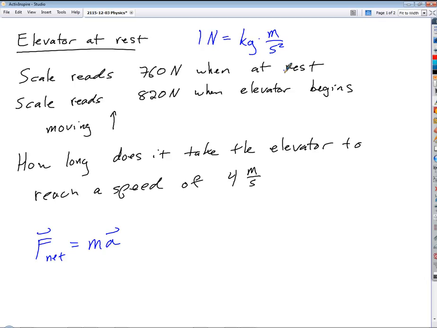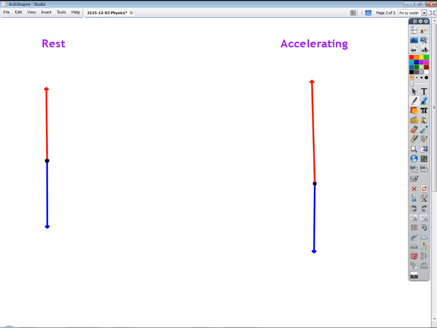Now, like in the first example up here, if the elevator's at rest, if we were to draw a free body diagram, and let's do that, wouldn't the free body diagram just look like that? Right? What are the two forces that are acting on the scale? Okay, so gravity's pushing down, right? And what is a person's weight?